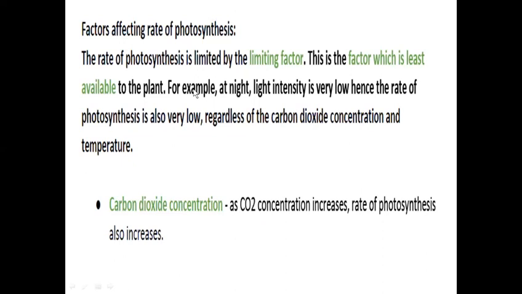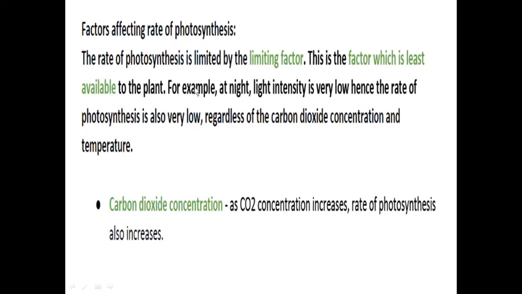I didn't get the rate of photosynthesis is limited by the limiting factor. Okay, first you understand what the limiting factor is. Do you know what the limiting factor is? No. See, a limiting factor is the factor which is required in a minimum quantity to proceed the process of photosynthesis.